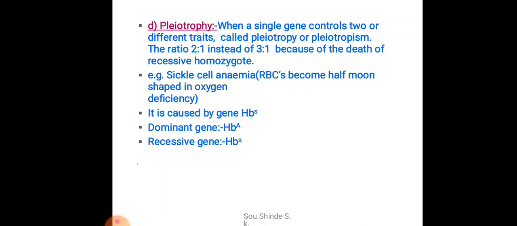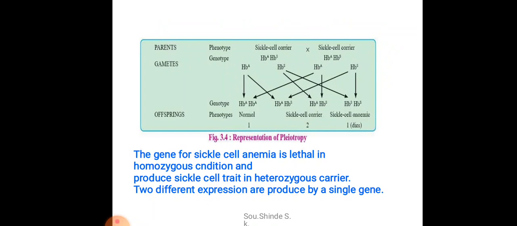The other, recessive gene is HbS. Homozygous with the recessive gene, the person dies of fatal anemia. Thus, the gene for sickle cell anemia is lethal in homozygous condition and produces the sickle cell trait in heterozygous carriers. Different expressions are produced by a single gene.